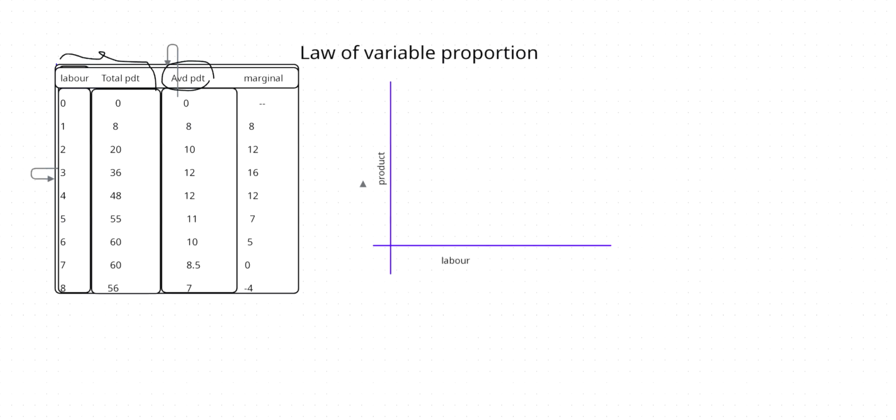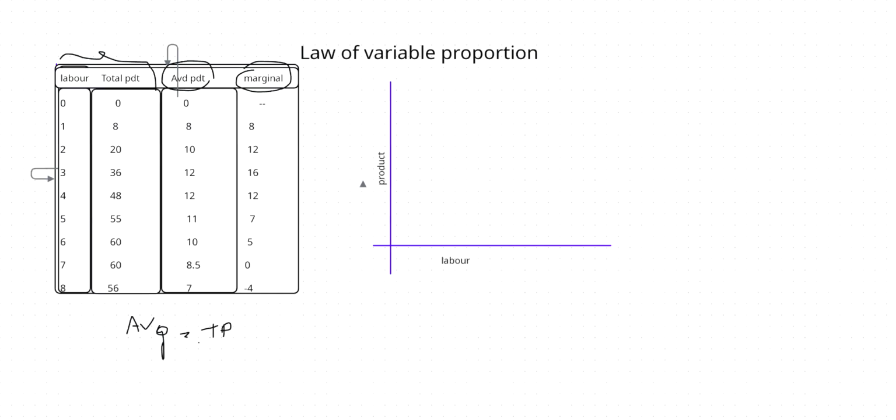How do I find the average product, how much I have produced per unit? It is very simple. It is nothing but the total product divided by the number of labor units.